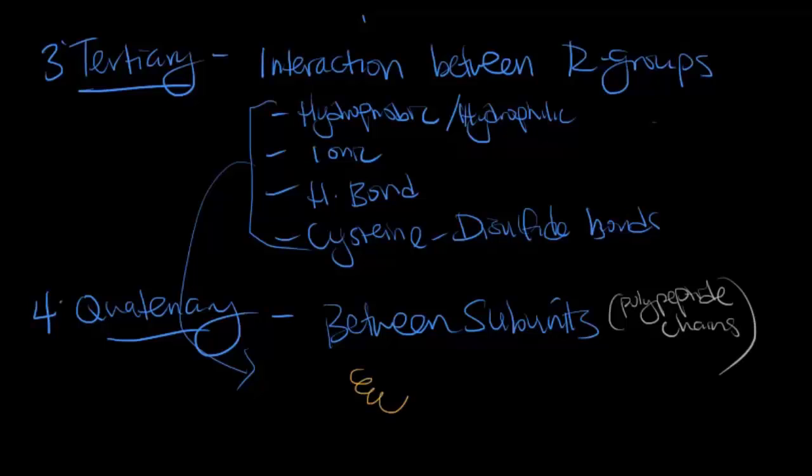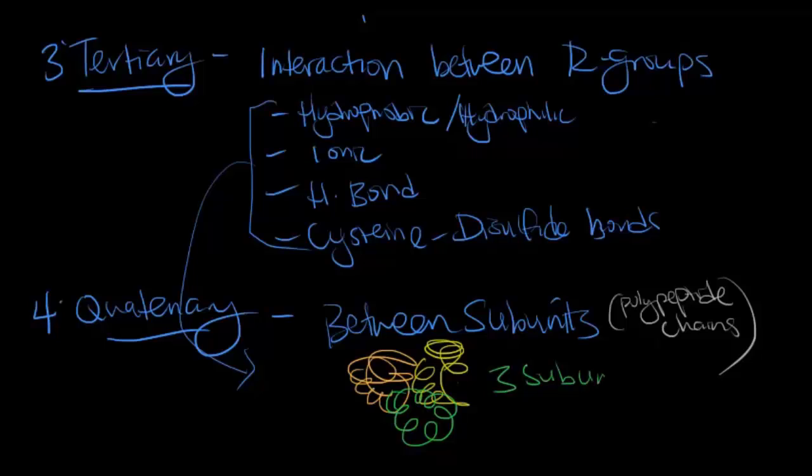So if here's one polypeptide chain, and here's a neighboring one that is bound to another one here, then I would say this has 3 subunits. That's how we describe quaternary structure. We measure it by the number of subunits it has.